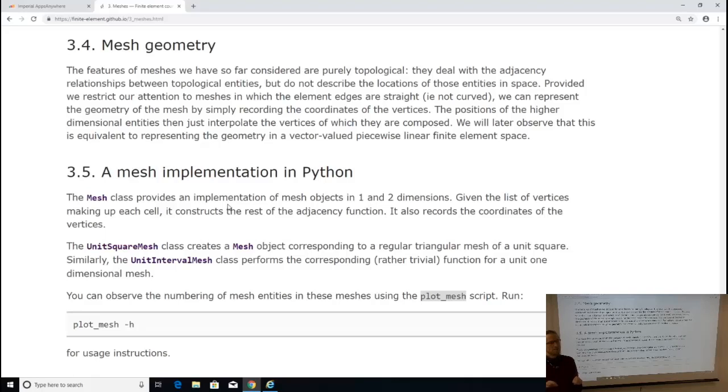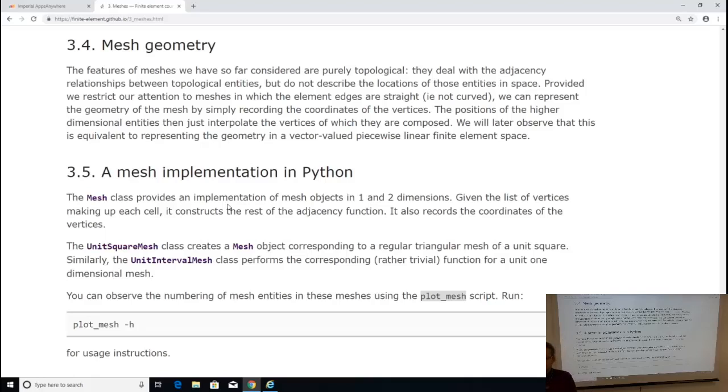And what that implicitly does is it defines a map from the local coordinates on the reference cell to the global coordinates on that cell, which is given by just linearly interpolating between the vertices of the triangle. Similarly, the same thing on an interval. And that tells you what the change of coordinates is, so that when we come to do integrals, you can change coordinates between one and the other.